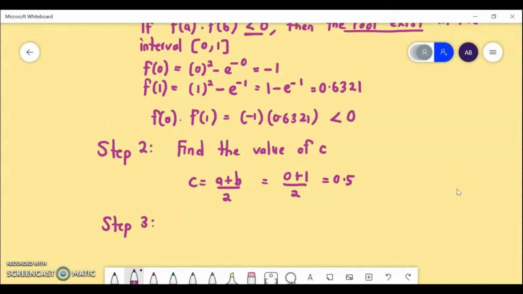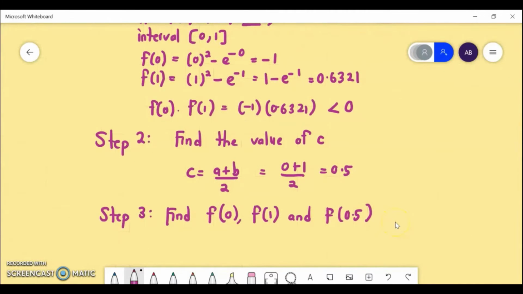Okay, now once we have obtained a, b, and c, step 3: find f(0), which is already done, f(1), and f(0.5). We have done f(0). We just got to find f of 0.5. What is f(0) that you have obtained? Negative 1.